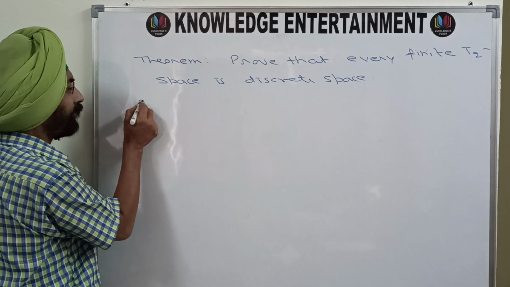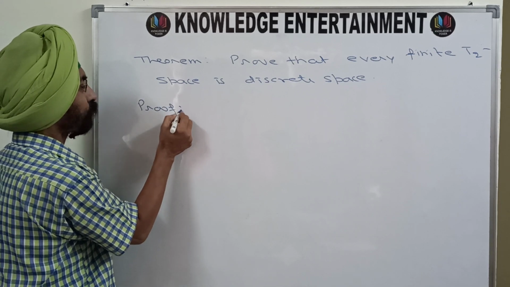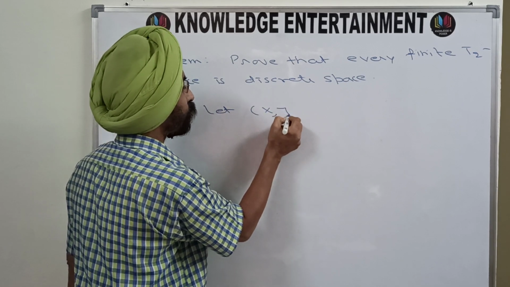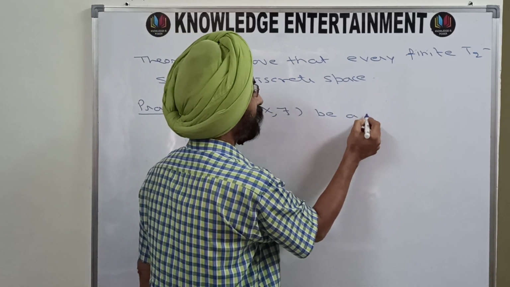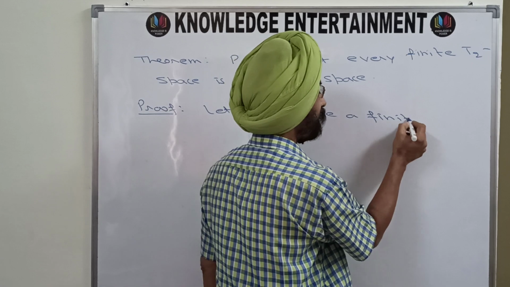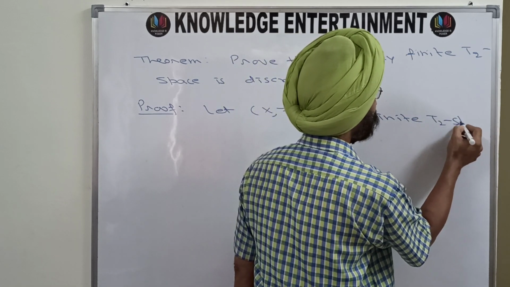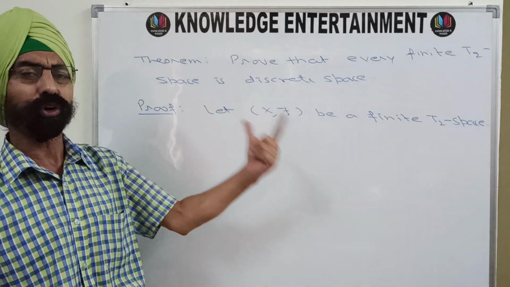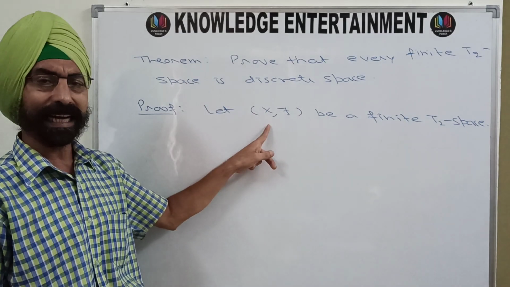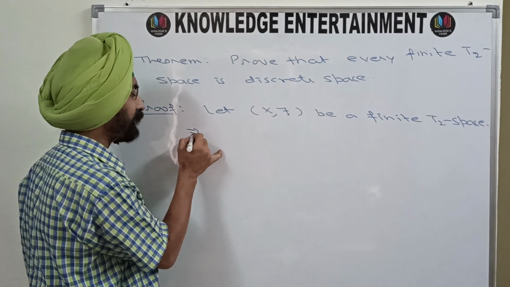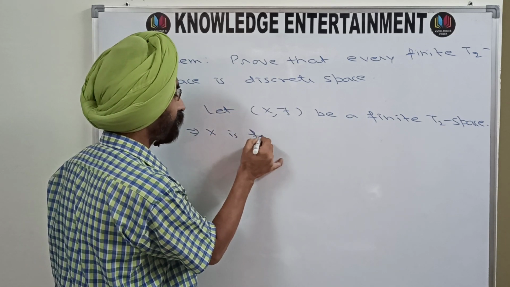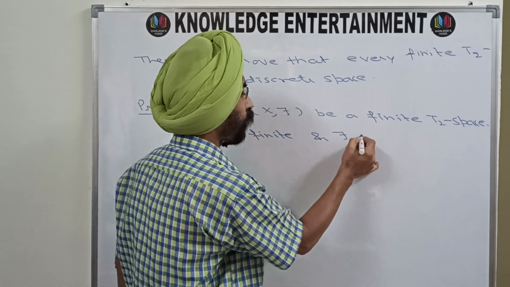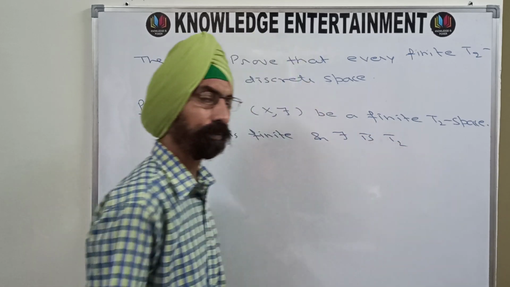So let us start. Let (X, tau) be a finite T2 space. When you say finite T2 space, what is finite? Your set X is finite. So this means X is finite and your topology tau is T2.